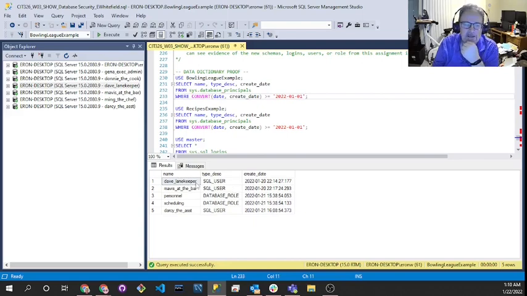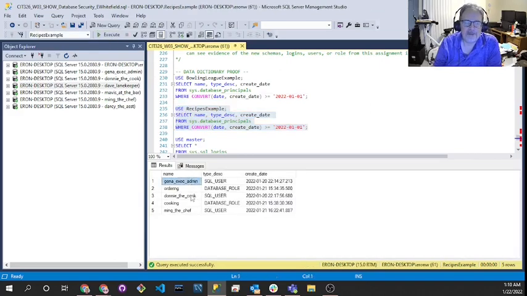So this shows me that I created Dave, the Lane Keeper's user account, Mavis's user account, Darcy's user account, as well as creating 2 database roles for personnel and scheduling. I can do the exact same report for the recipes database. And again, it shows me that I created these 5 pieces of information in that database.